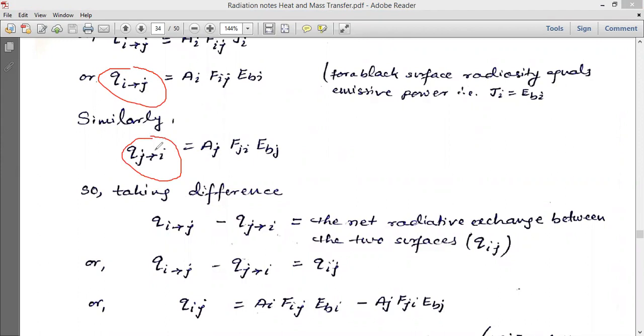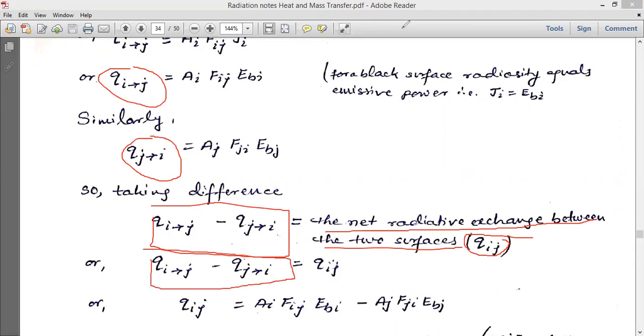That difference will give the net radiative exchange between surface i and surface j, because part of the energy is coming out from i and intercepted by j, and in a similar fashion, part of the energy is coming out from j and intercepted by i. So the difference between these two will give the net radiative exchange between the two surfaces, and it is denoted by Qij. So Qij is Q i to j minus Q j to i.